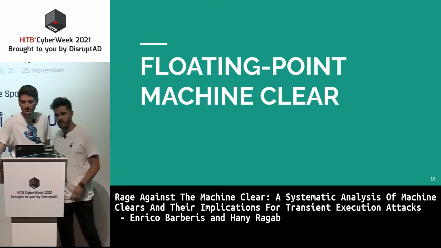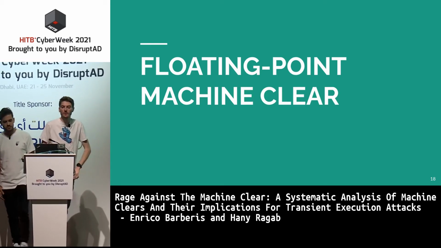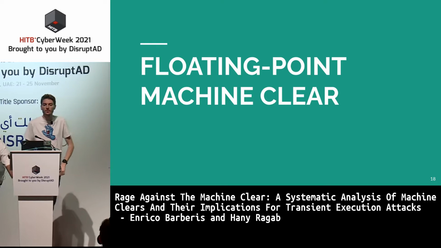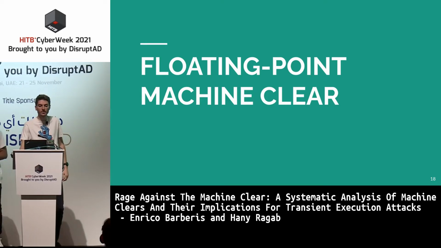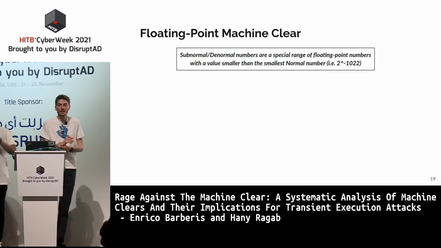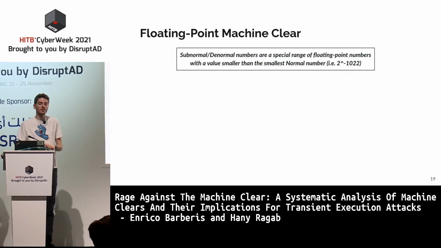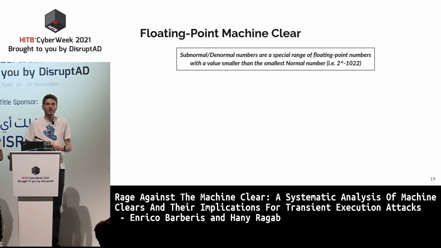Okay, thank you. Now we're going to talk about floating point machine clear. This one is the one that led us to find a full end-to-end exploit on Firefox. It's completely based on a special representation of floating point numbers that are named subnormal. Usually they are very small numbers.